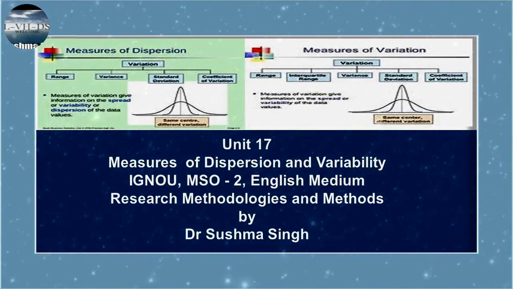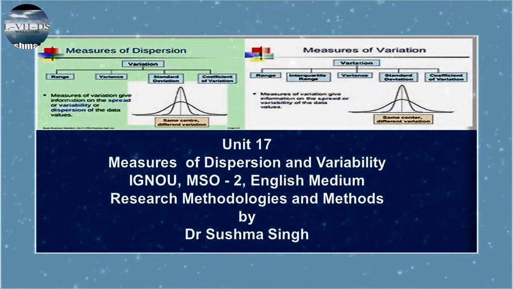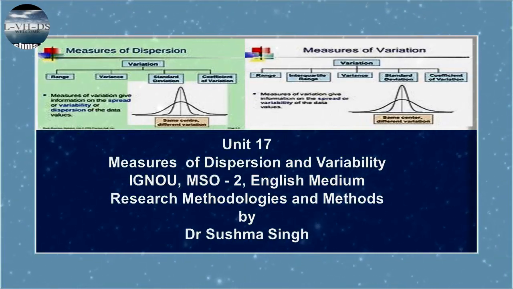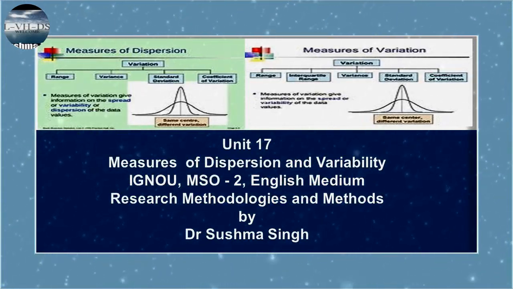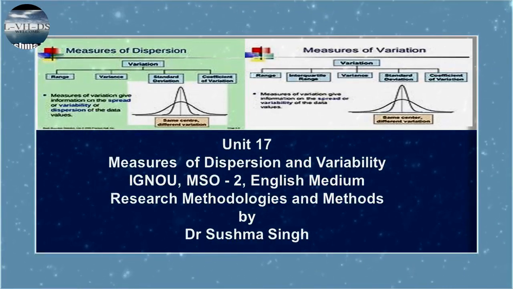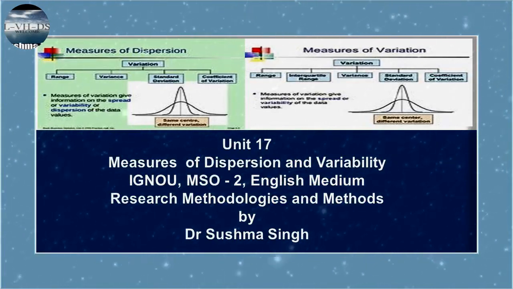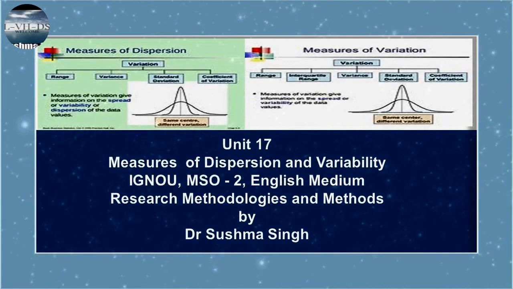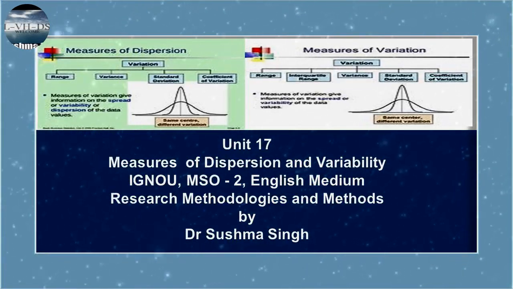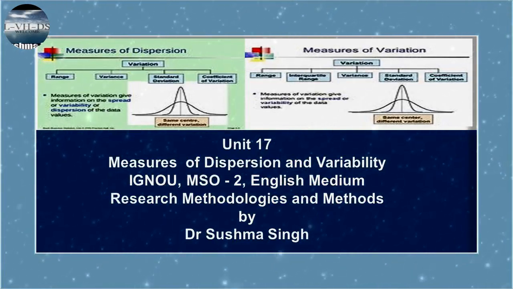The range is a relatively crude measure of dispersion, inasmuch as it does not take into account any measurement except the highest and the lowest. Furthermore, since it is unlikely that a sample will contain both the highest and the lowest values in the population, the sample range usually underestimates the population range.